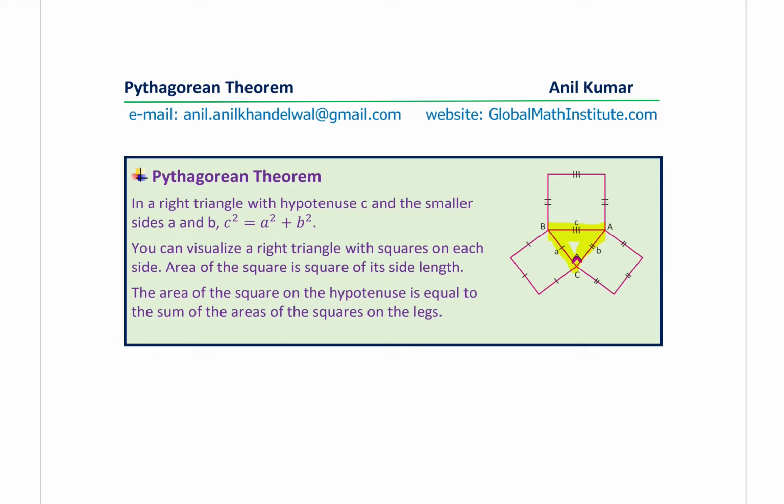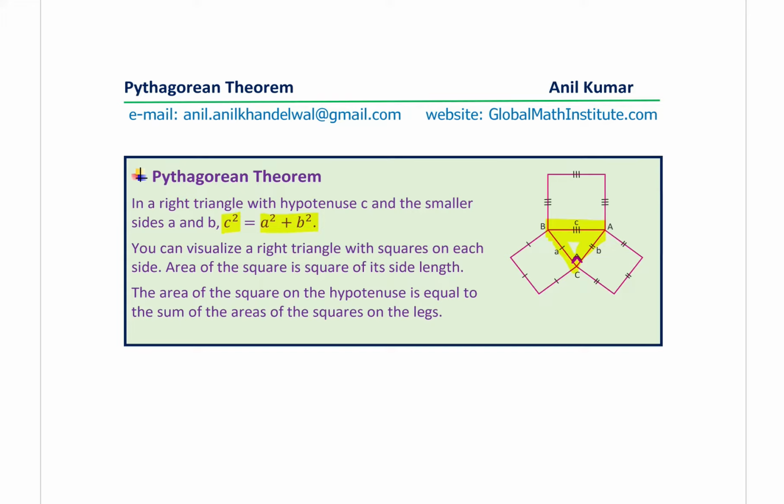So in any right triangle, the relation is that c², the hypotenuse squared, which is the side opposite to the right angle, is the sum of a² and b², the legs, right? That is what the Pythagorean theorem is. You can actually visualize it as the sum of squares.